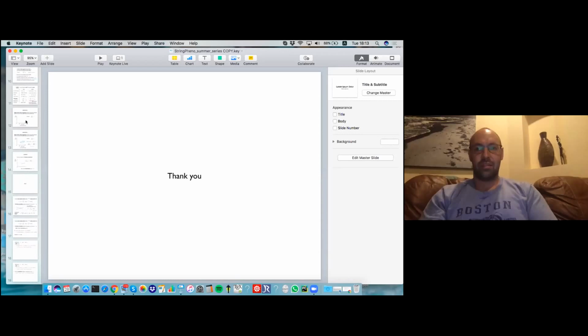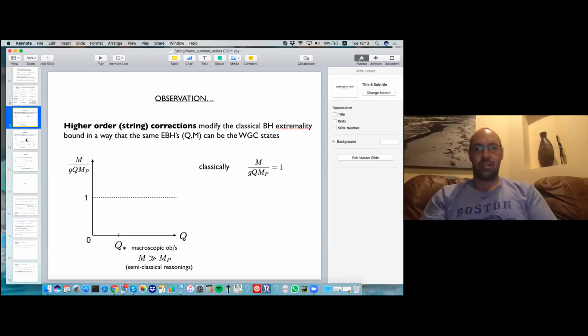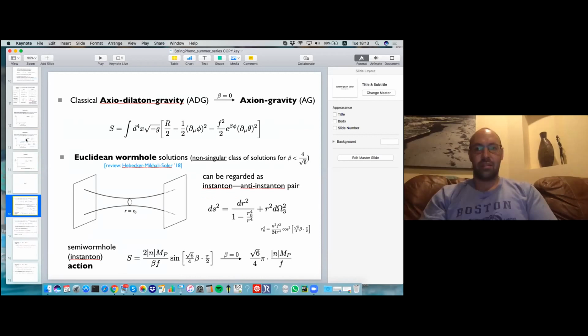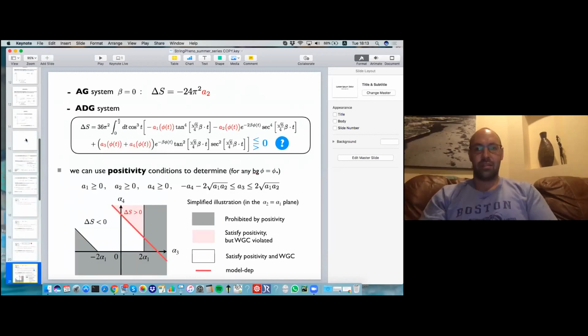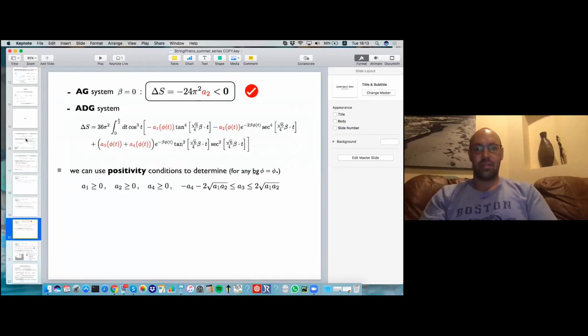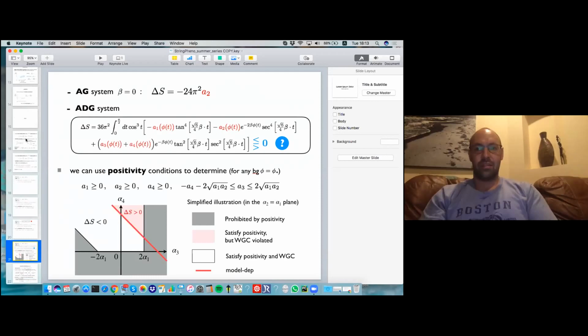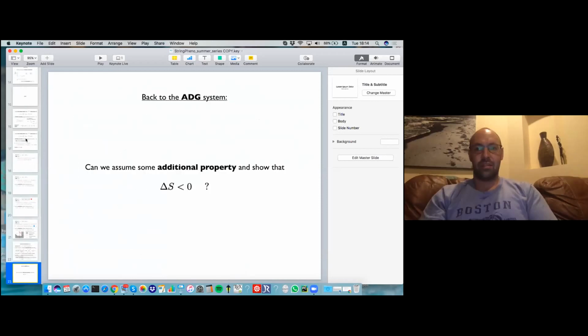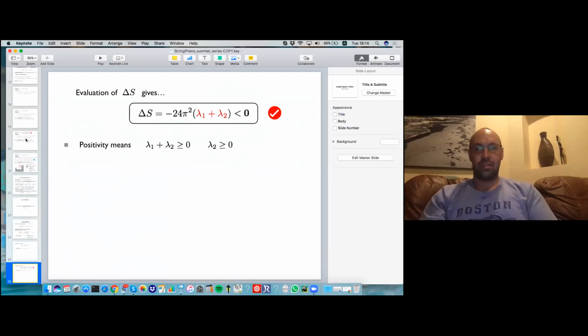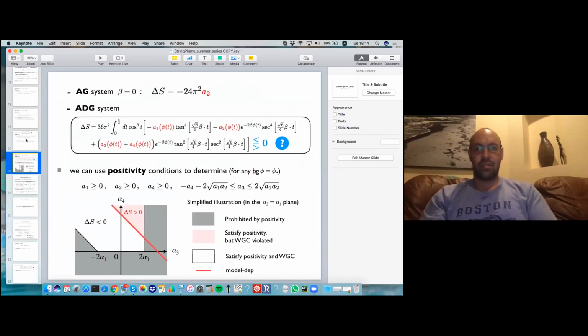Whenever you compute higher order terms, let me see if I can show you. Here, you can see it maybe from here. So this is just a constant. So delta S is constant when you take the first order.